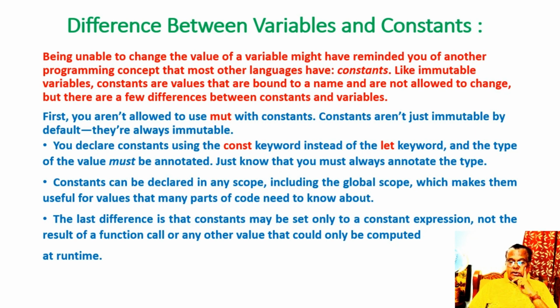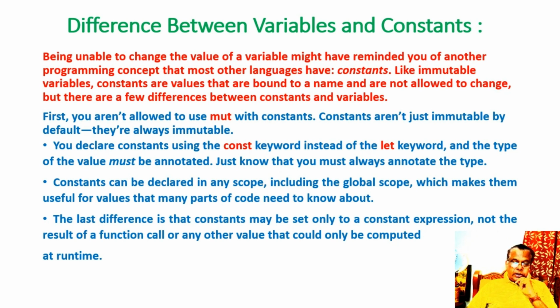Like immutable variables, constants are values that are bound to a name and are not allowed to change, but there are a few differences between constants and variables.